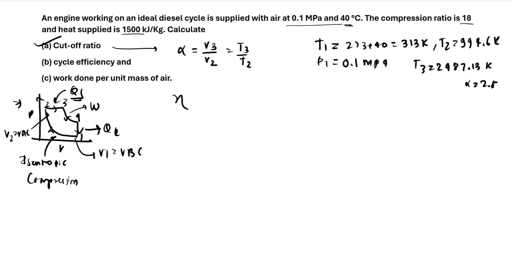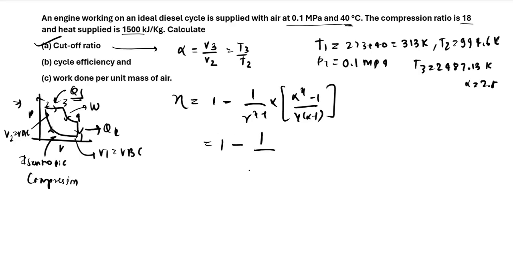If you know the cycle efficiency formula for the diesel cycle, it will be very easy to solve. We have 1 minus 1 divided by r to the power of gamma minus 1, into alpha to the power of gamma minus 1 divided by gamma into alpha minus 1. Here alpha is the cutoff ratio, gamma is the isentropic coefficient, and r is the compression ratio.